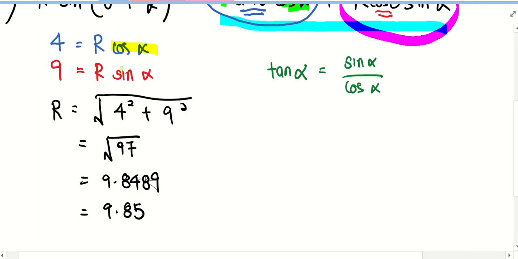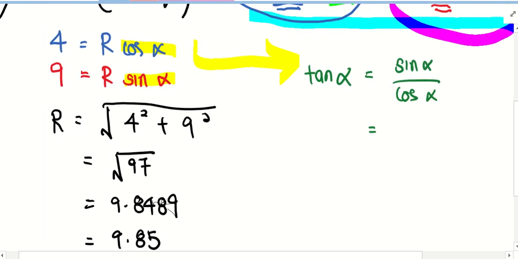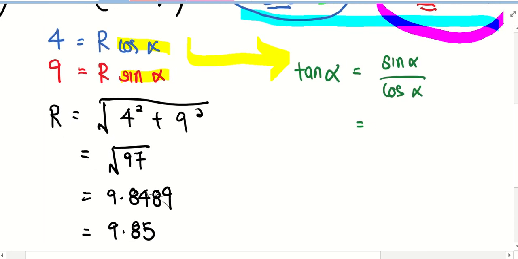Because you will always have cosine and sine over here. So if I use whatever is over here, apply it to tangent alpha. Tangent alpha must be sine over cosine, right? What number should I write? Is it 4 over 9 or 9 over 4? Can you see? 9 over 4. The sine divided by the cosine.